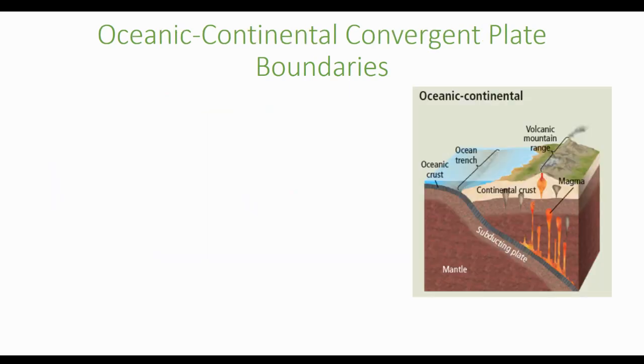Next, we have oceanic-continental convergent plate boundaries. And here it is important to remember that oceanic crust is always denser than continental crust. So that means that it's always going to be subducted. So here, the denser oceanic plate is subducted. This is also going to make a trench and a volcanic arc, like at the last boundary.